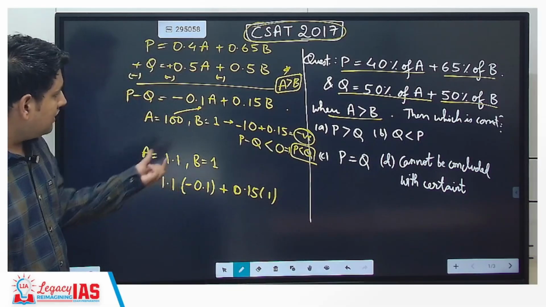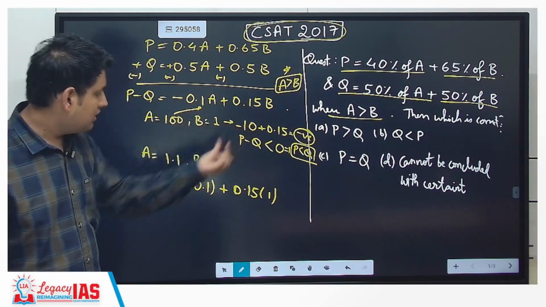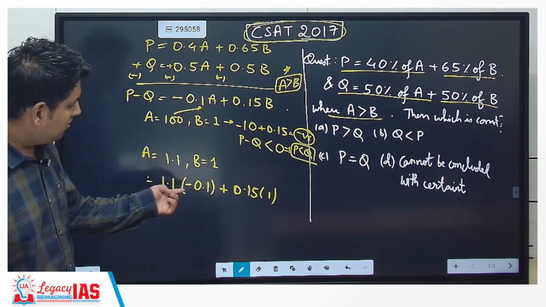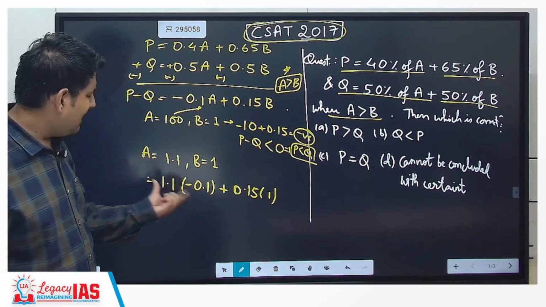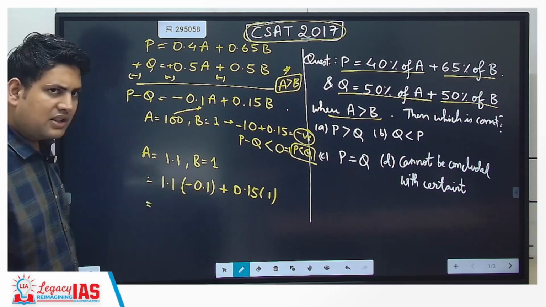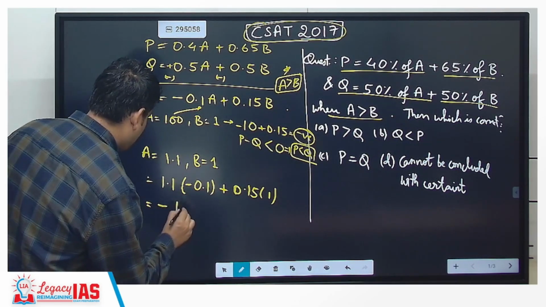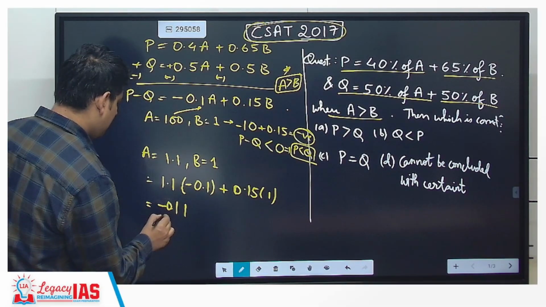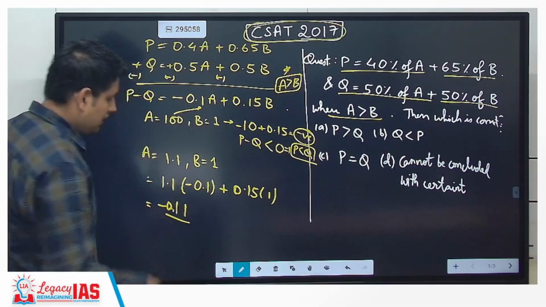In place of A I put 1.1, in place of B I put 1. Now 1.1 into minus 0.1, that is 11 only, and then just the decimal point we have to see. So this becomes minus 0.11.